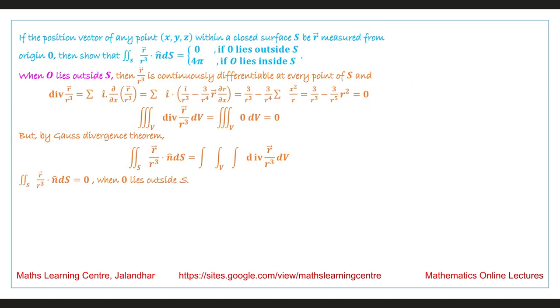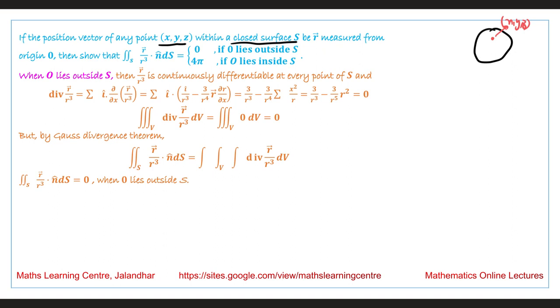Now next, we have the position vector of a point (x,y,z) within a closed surface S. We have a closed surface over here, and this is the point (x,y,z), and this is the position vector corresponding to the origin.